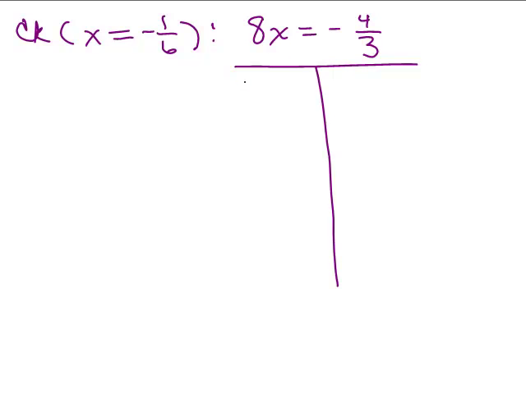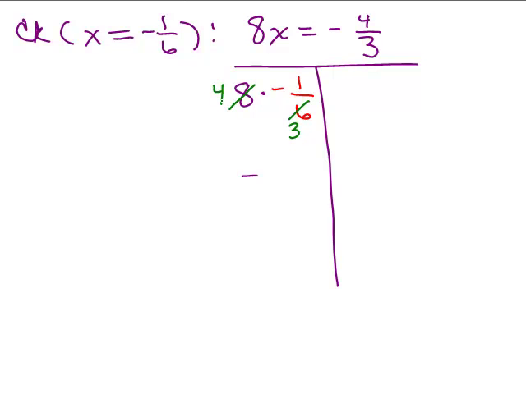So here's our original problem. We have 8 times negative 1/6, which is what we're plugging in for x. So I've got a positive times a negative, which is negative. And can I reduce? Well, 2 goes into both 6 and 8, so I could divide each by 2.